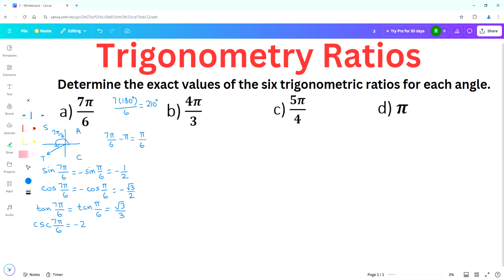Next, we can find the value of secant. Secant is the reciprocal ratio for cos. For cos, we got the answer negative square root of 3 over 2. So the answer for secant will be negative 2 over square root of 3.